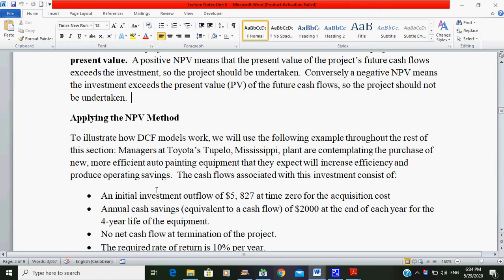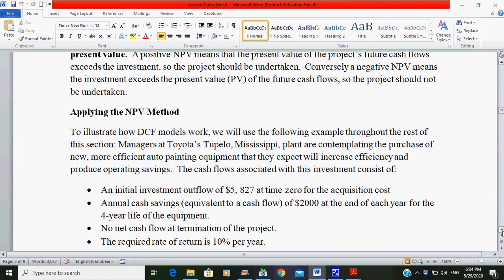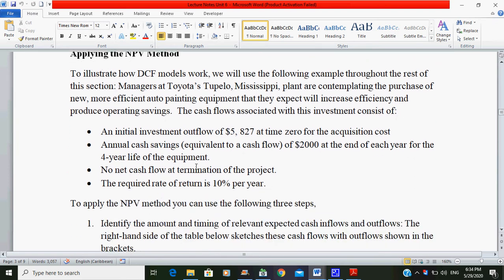The cash flows associated with this investment consist of the following: an initial investment cash outflow of 5,827 at time zero for the acquisition cost, and annual cash savings equivalent to a cash flow of $2,000 at the end of each year for the 4-year life of the equipment. No net cash flow at the termination of the project.